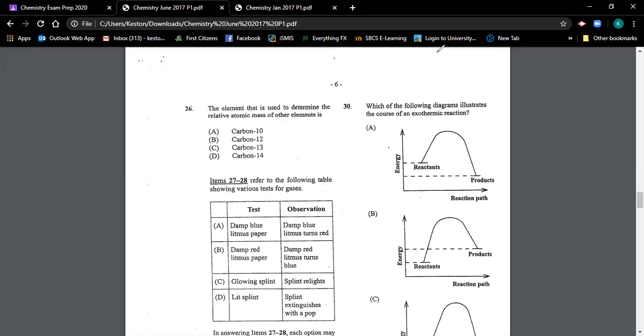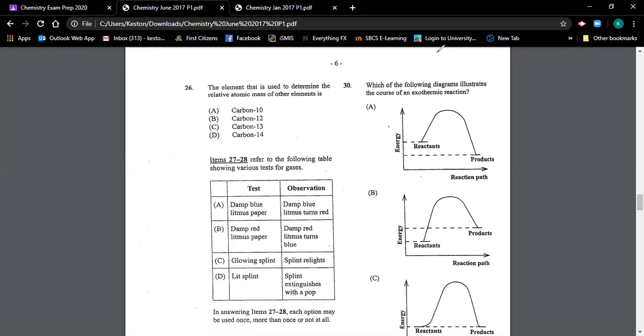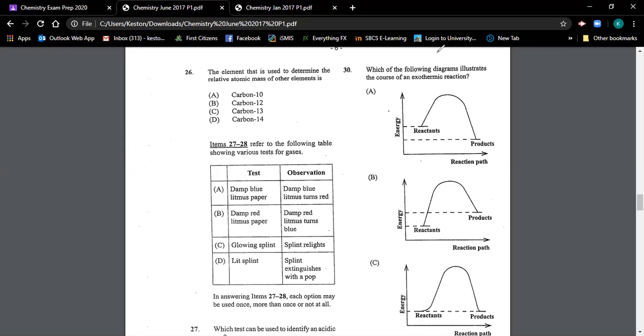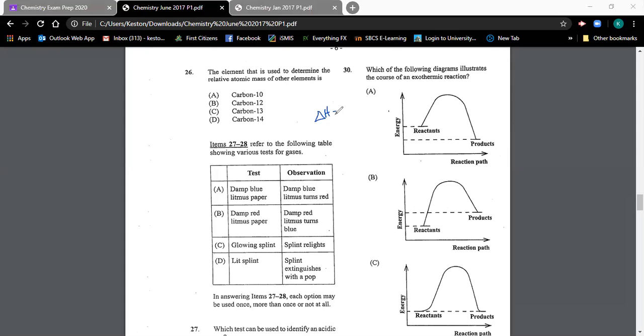30, which of the following diagrams illustrates the cause of an exothermic reaction? Right, exothermic reaction. So if you're more of a math type person, this might help. To work out the enthalpy change, it's usually the enthalpy of the products minus the enthalpy of the reactants. Now the enthalpy change for an exothermic reaction is always negative, whereas for an endothermic reaction it is always positive.